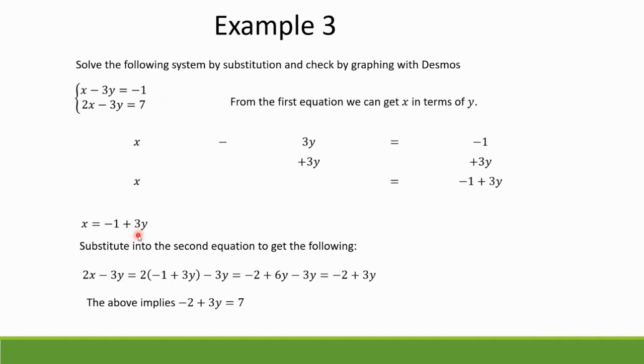So what do we do next? We substitute, hence the name of the method. We substitute into the second equation here, as you can see. That's what I'm doing here. We have x, and I'm plugging it into the second equation, okay? And what we get is this.